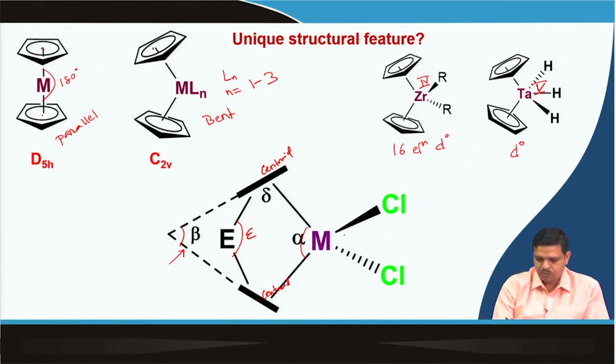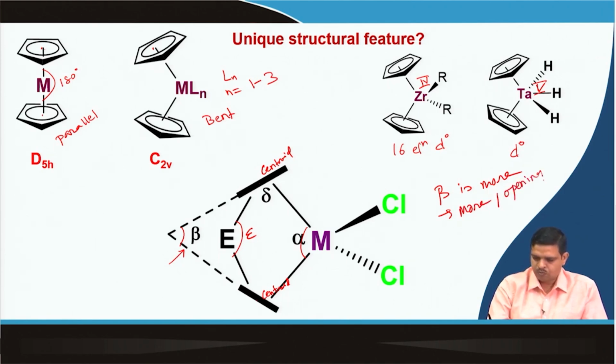If beta is more, it means more opening in the metallocene wedge.